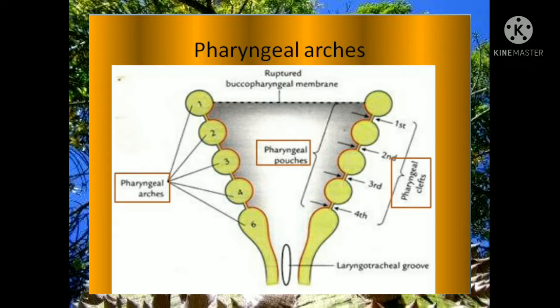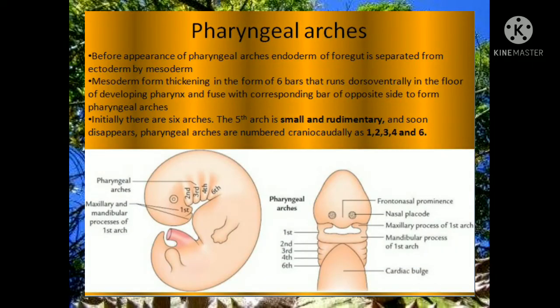In the interval between any two adjoining arches, the endoderm extends outwards in the form of a pouch. It is called the endodermal or pharyngeal pouch, to meet the ectoderm, which dips into this interval as the ectodermal cleft.